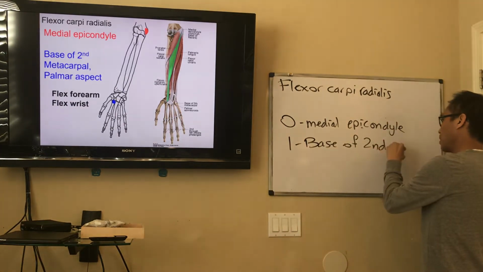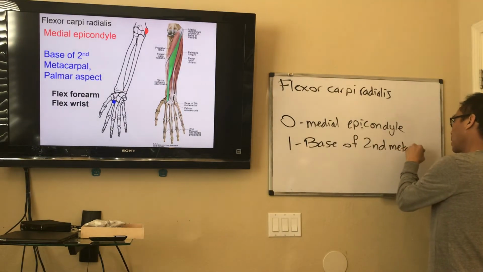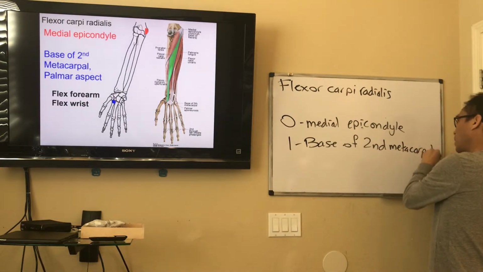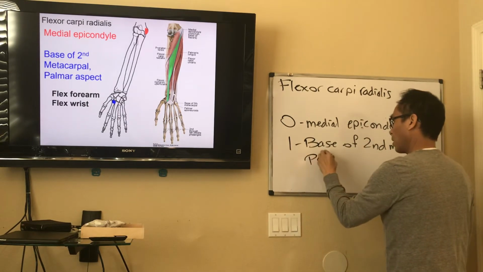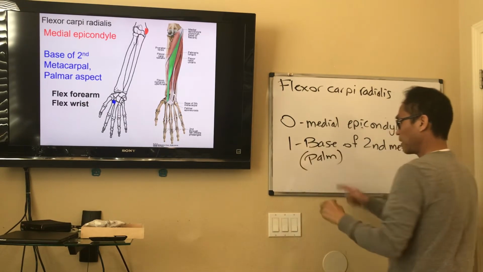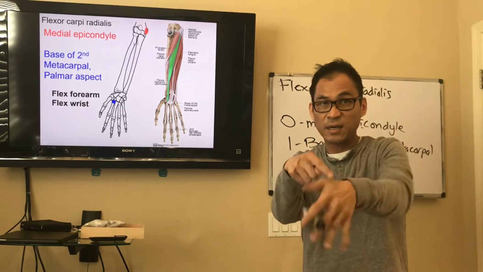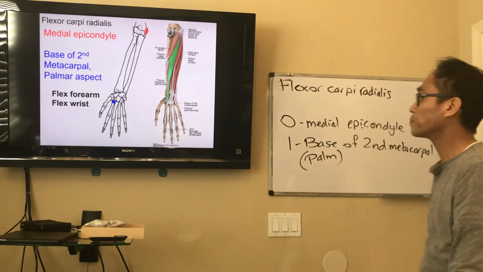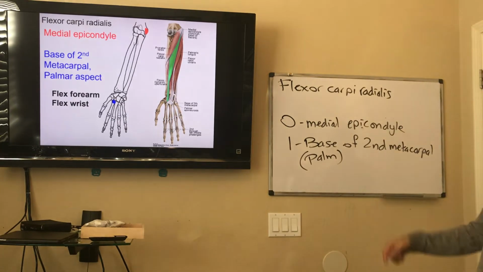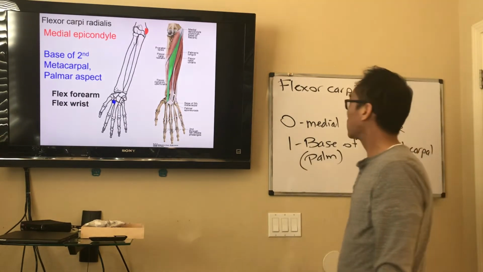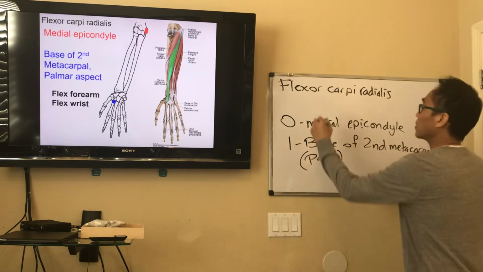Base of second metacarpal, palmar aspect. I'll say palm. It's on this side, not this side, not this side, this side. So basically, the main action is flex wrist.